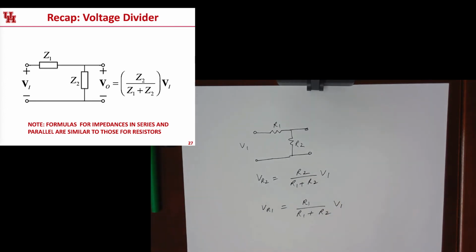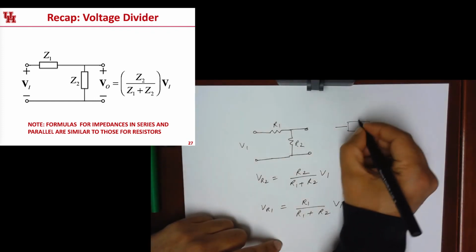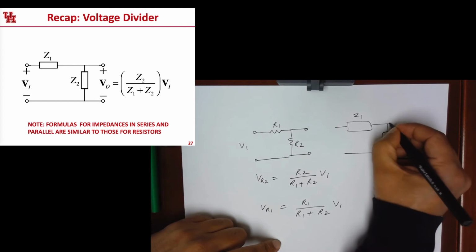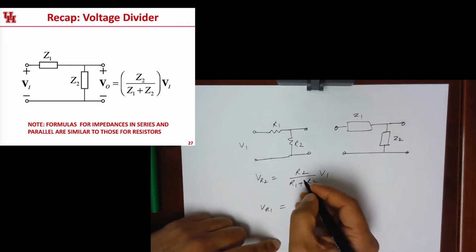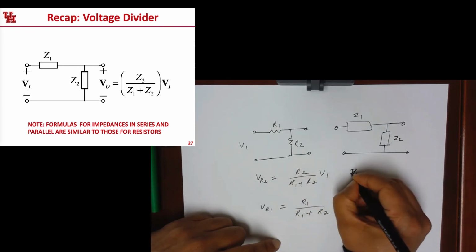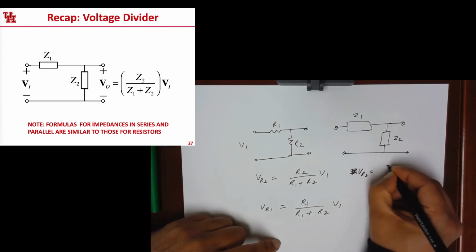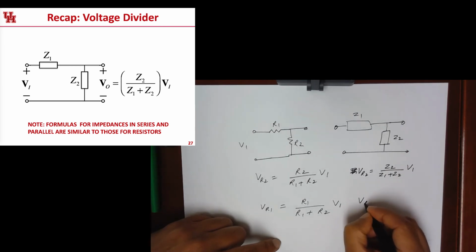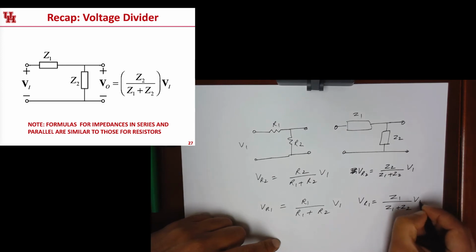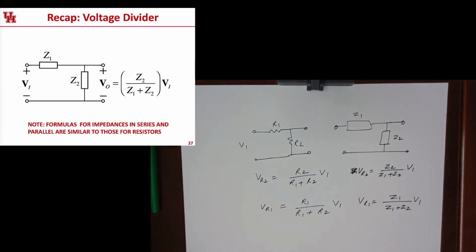Now in the Laplace domain, the same formula also works, right? So if you had a Z1 here and a Z2 here, okay, then the same formulas work like in the case of the resistors, okay? So the voltage across Z2 is going to be Z2 divided by Z1 plus Z2 times V1, and the voltage across Z1 is going to be Z1 divided by Z1 plus Z2 times V1, right? So in other words, the voltage divider formula also works with the impedances.